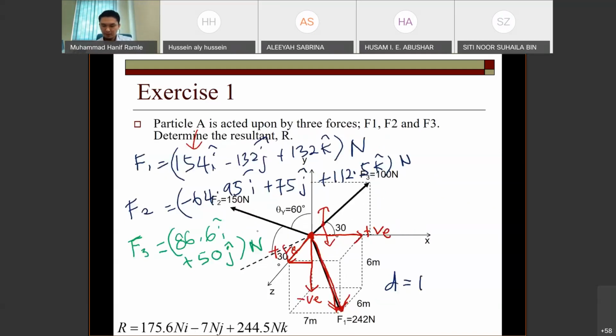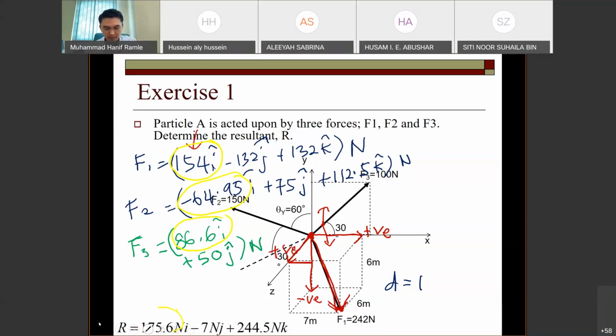Okay. So the answer is here. If you want to find the resultant, of course, you have to add up all the component values, the same component for the same component. So for the X component, you add this one and this one. You will get this answer.